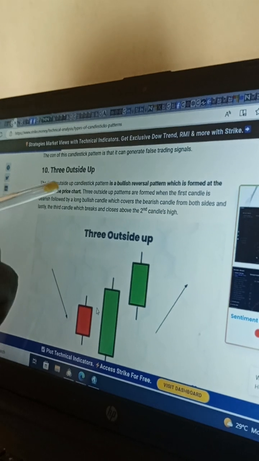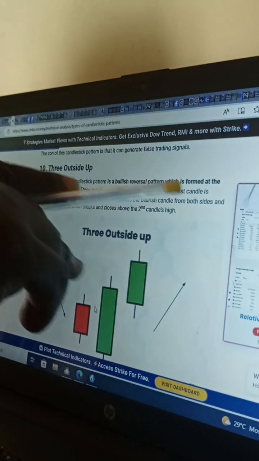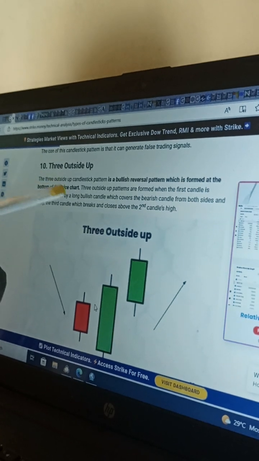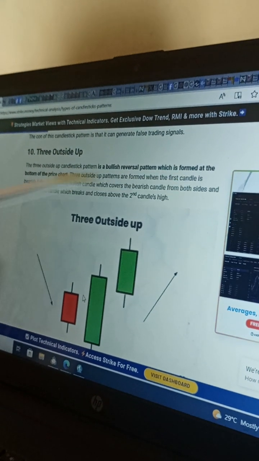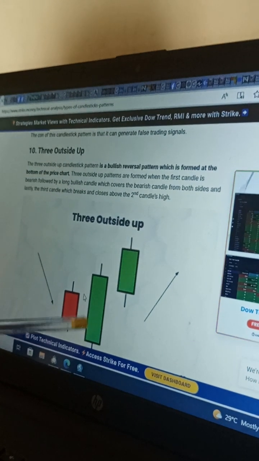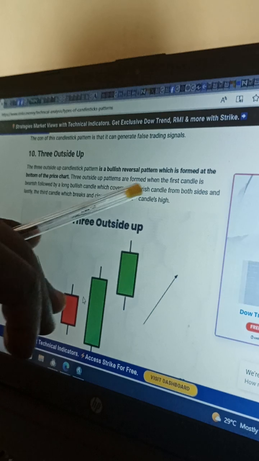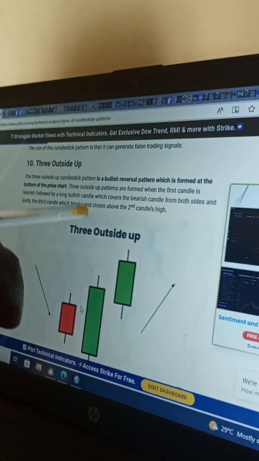The 3 outside up candle pattern is a bullish reversal pattern, which is formed at the bottom of the price chart. 3 outside up patterns are formed when the first candle is bearish, followed by a long bullish candle which covers the bearish candle from both sides, and lastly the third candle which breaks and closes above the second.